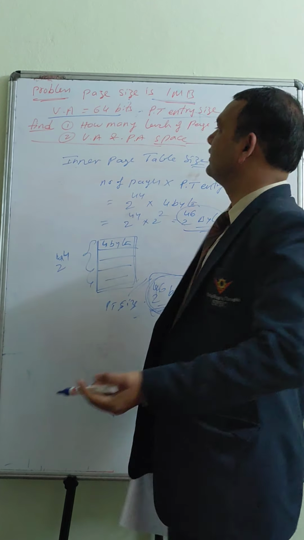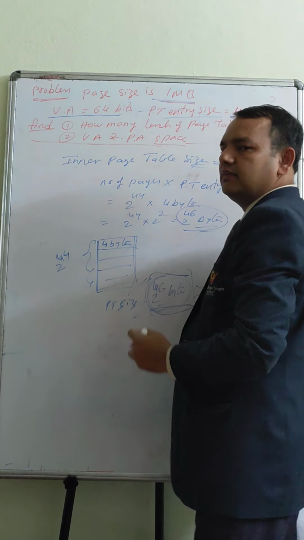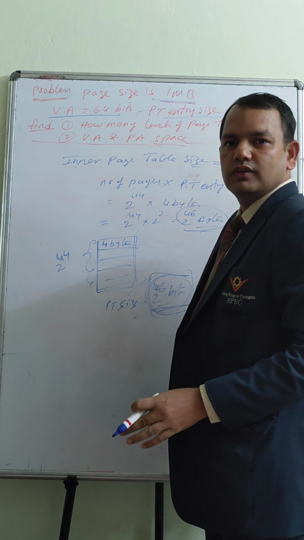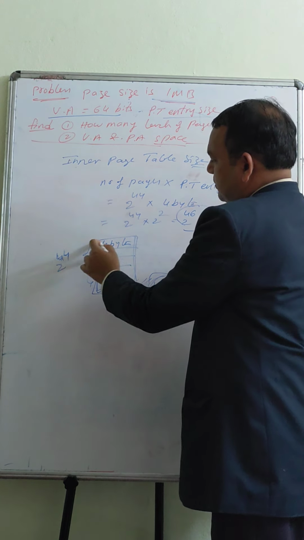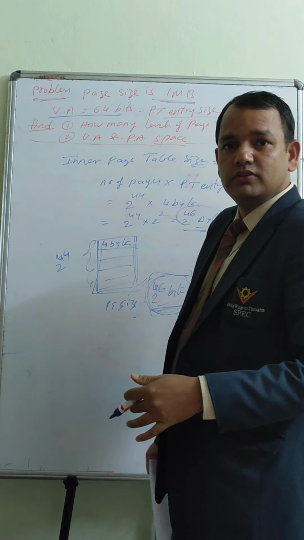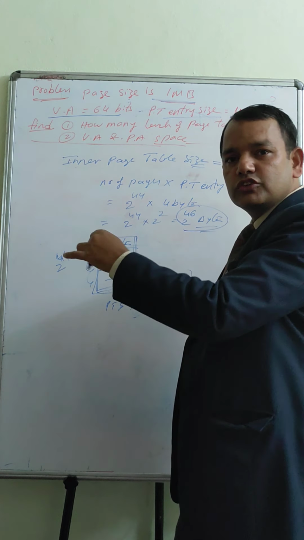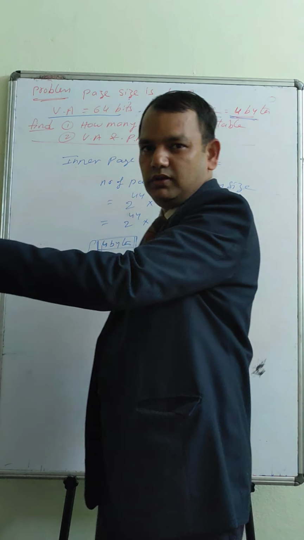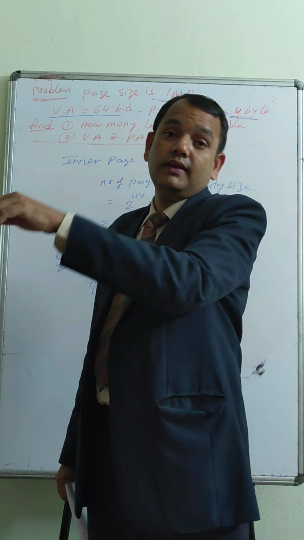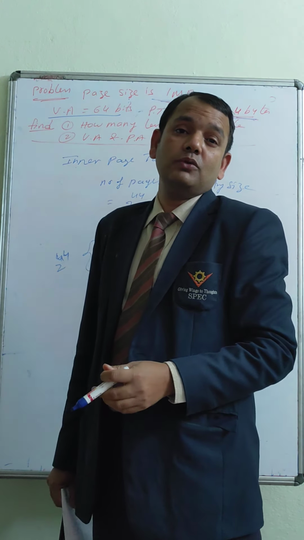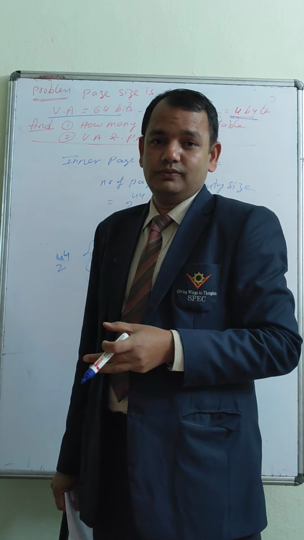Page size is 1 MB, so this page table will be divided into a number of page tables. Those indexes will be stored in the outer page table, and we'll calculate that outer page table size also.